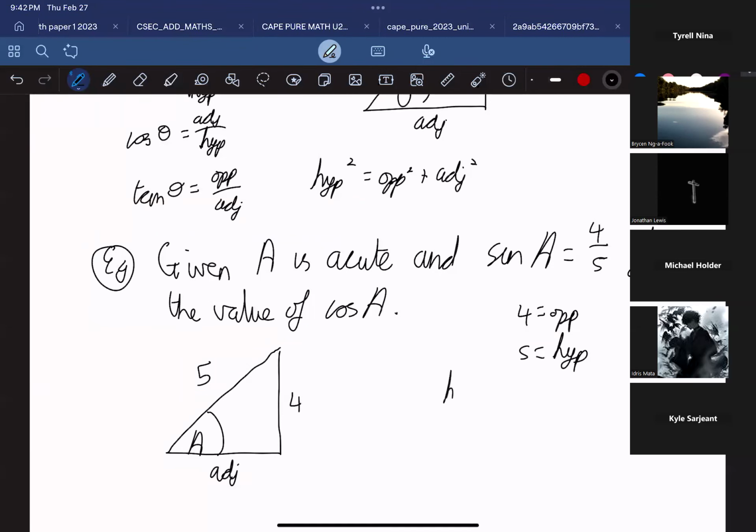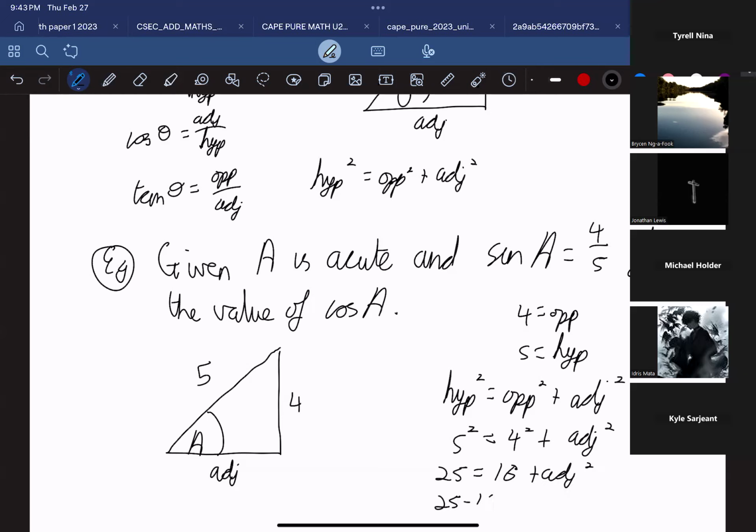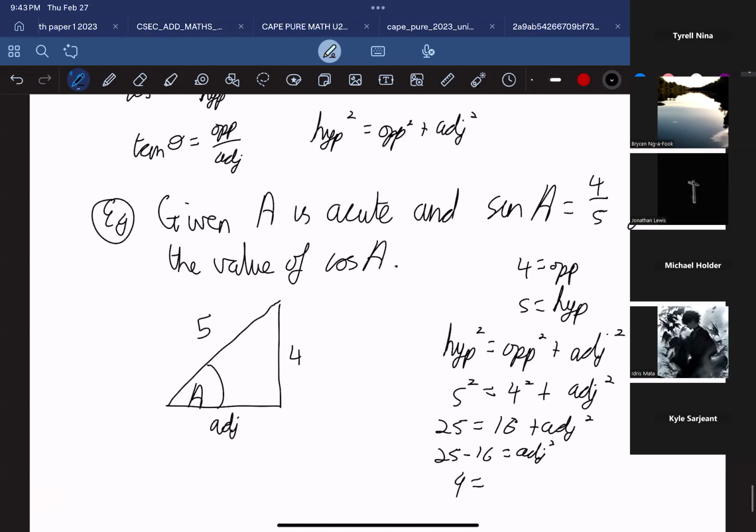We know hypotenuse squared is opposite squared plus adjacent squared. So 5 squared is 4 squared plus adjacent squared, so 25 is 16 plus adjacent squared. 25 minus 16 is adjacent squared, 9 is adjacent squared, and the square root of 9 is 3.